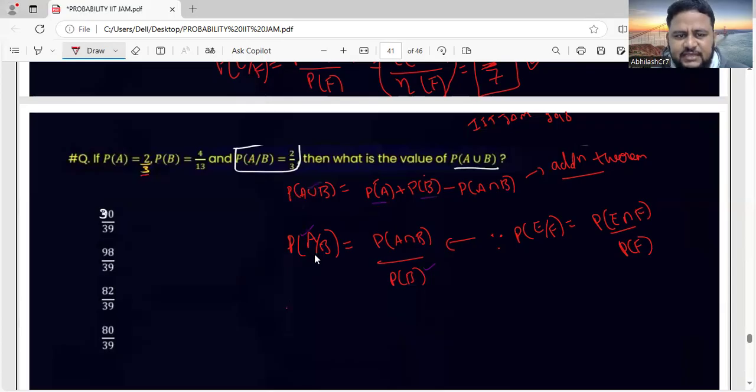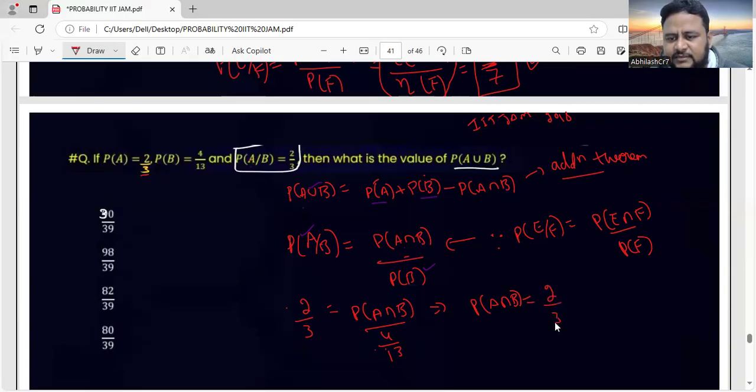Probability of A with respect to B is 2 by 3, equal to probability of A intersection B, which we don't know and have to find out, divided by probability of B, which is 4 by 13. Now if I cross multiply, listen carefully, probability of A intersection B will be equal to 2 by 3 into 4 by 13.